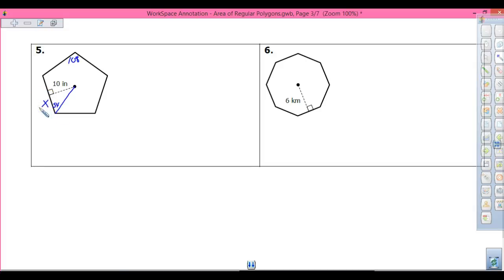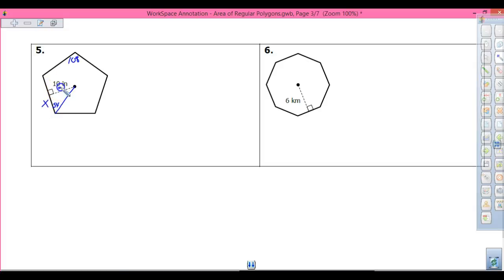And I need this guy, correct? Now it's not a 30, 60, 90 or a 45, 45, 90 triangle. So how can I find x? My 10 is my what side? Opposite.